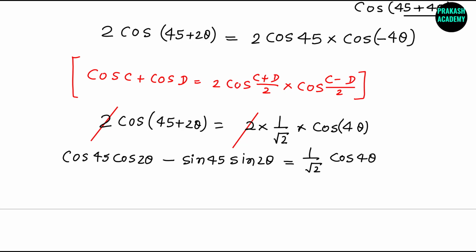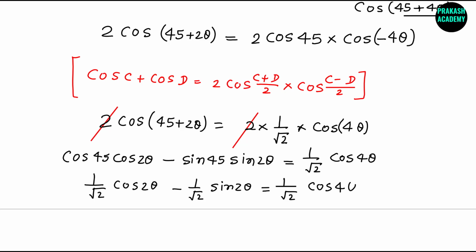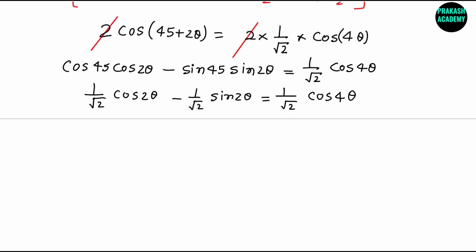So cos 45, sin 45 both are 1 by root 2. So this is 1 by root 2 cos 2 theta minus 1 by root 2 sin 2 theta equals 1 by root 2 cos 4 theta. So 1 by root 2 gets cancelled out. So I will have cos 2 theta minus sin 2 theta equals cos 4 theta.